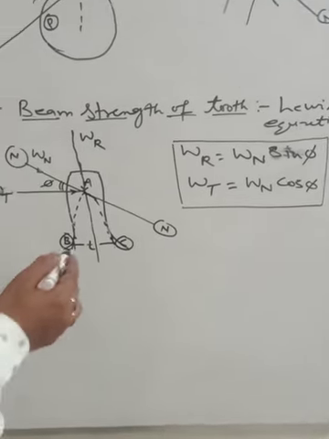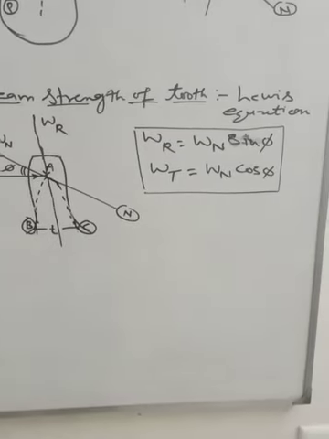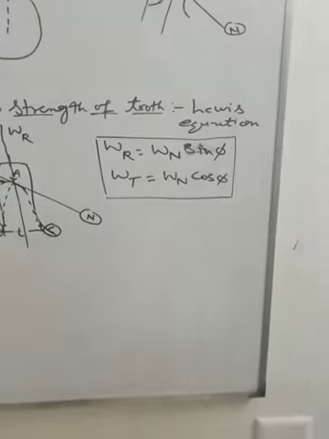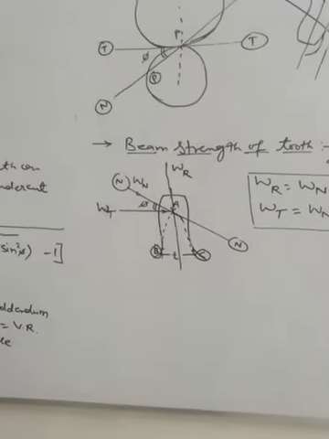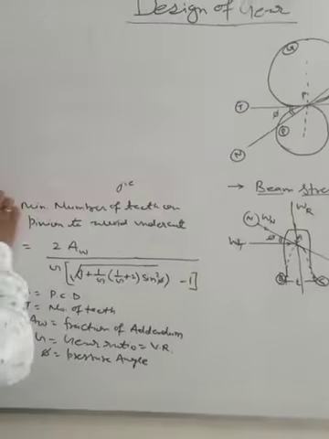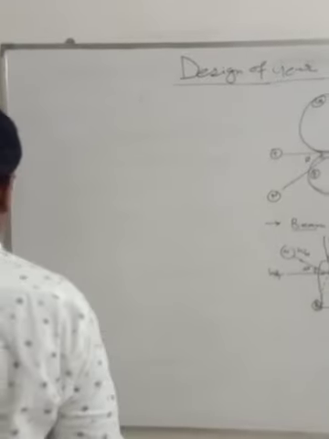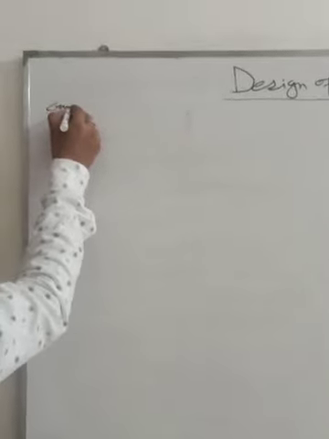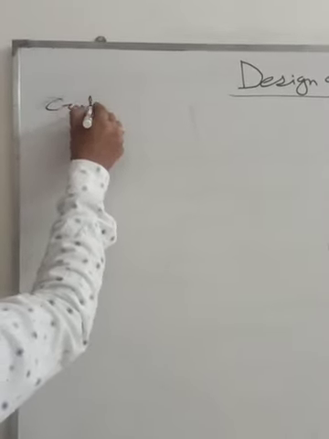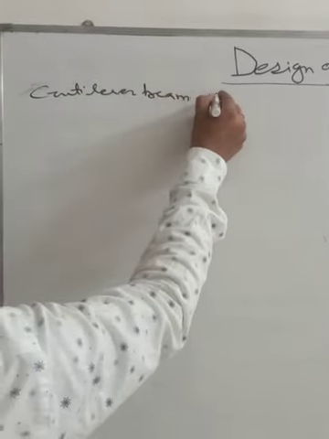Now the Lewis, assuming it as a cantilever beam, considering a cantilever beam, a single tooth is considered as a cantilever beam. Let us consider that as a cantilever beam.